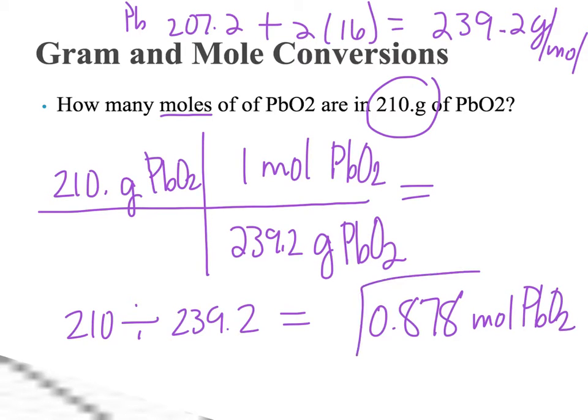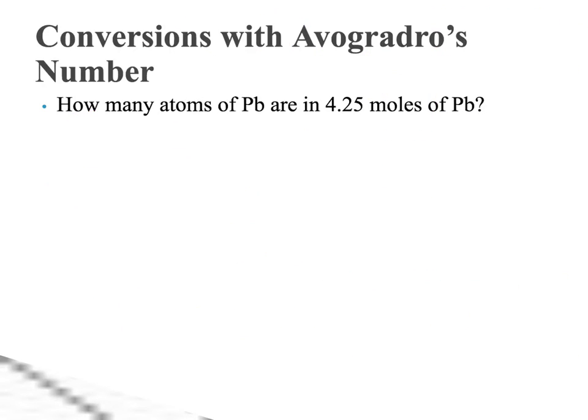Technically that is lead 4 oxide, but we don't know about that yet. And that just made sure everything canceled. Because of that decimal, that made us have 3 significant figures, so that is why we put our answer as 0.878.